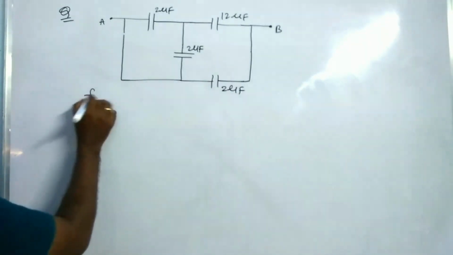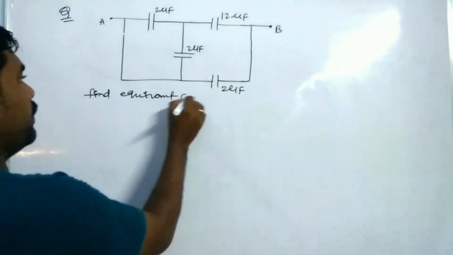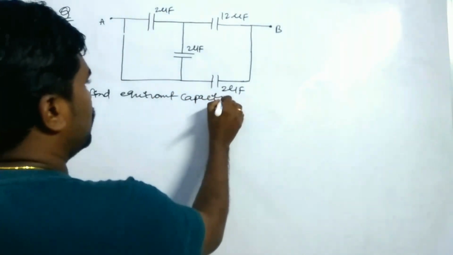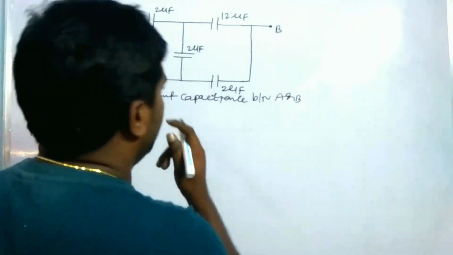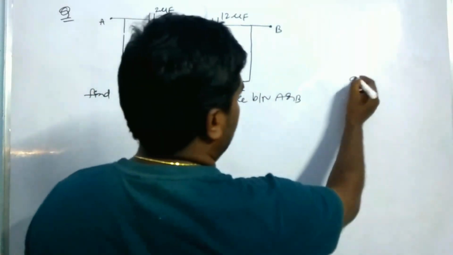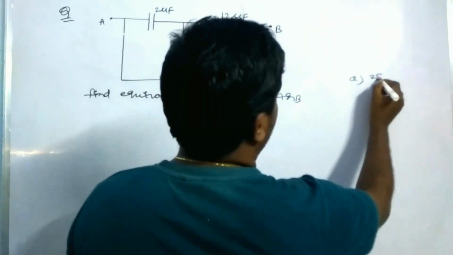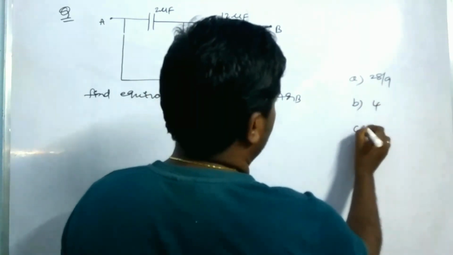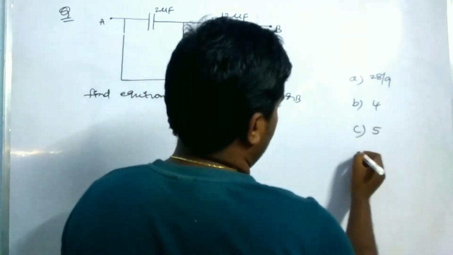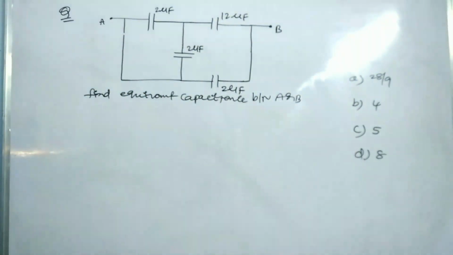Find the equivalent capacitance between A and B. The options are: A is 28 by 9, B is 4, C is 5, D is 8, all in microfarad. Let us find it.